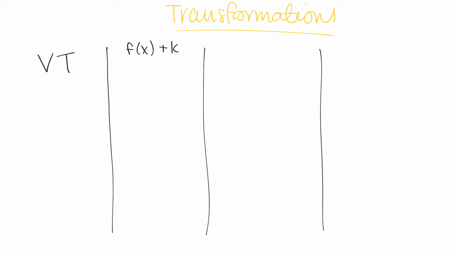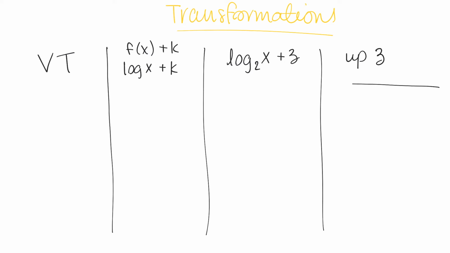So in a log function, that's going to look like log of x plus k. As an example, something really simple: log base 2 of x plus 3. And all that's going to do is shift our graph up 3.